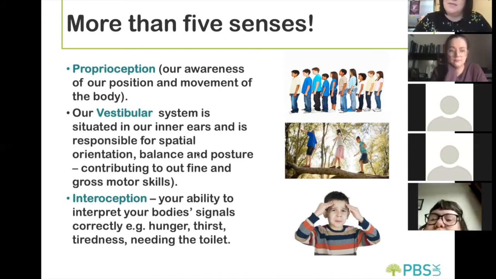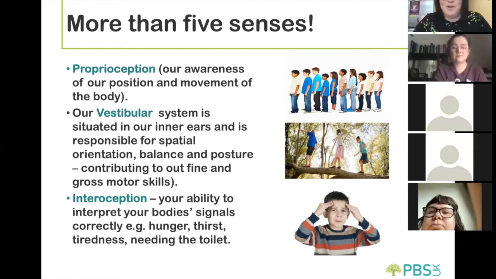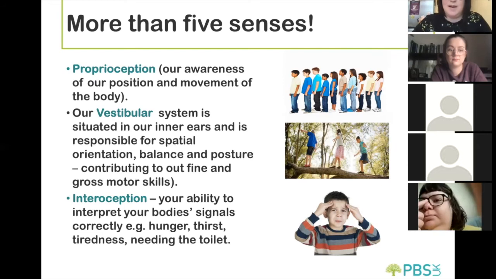And then this is the newest one, I'd say. It's always been there, and it's always been a difference, but it's probably the one that has most recently become more focused on, particularly for autistic people. And this is our sense of interoception. This is our ability to interpret our own body signals.